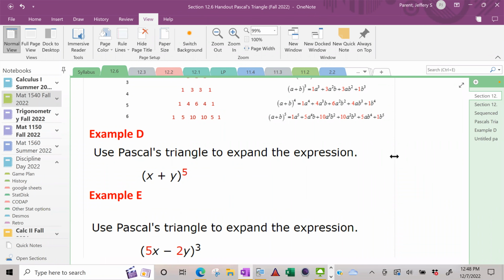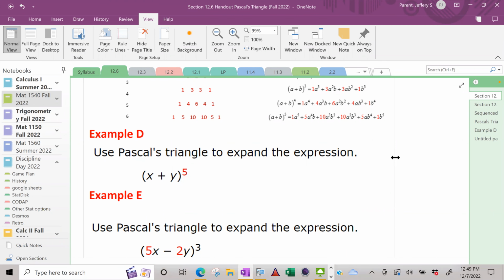Example D. Let's try example E. So kind of bumping up things in terms of level of difficulty. So copy this one down. It's going to be 5x minus 2y to the 3rd.